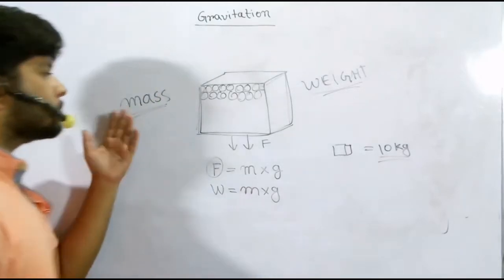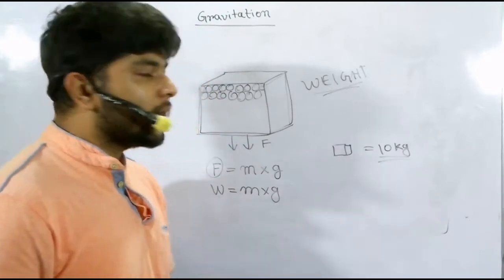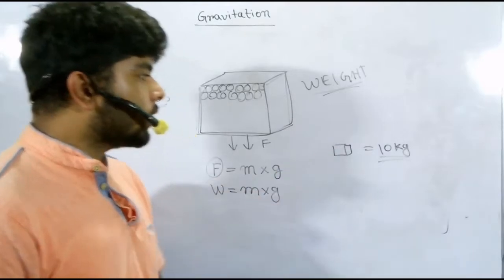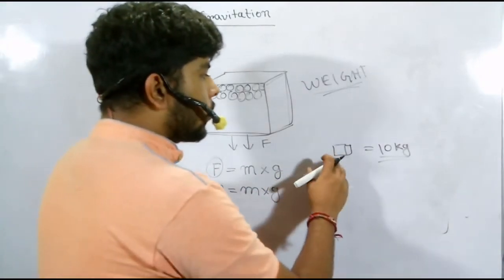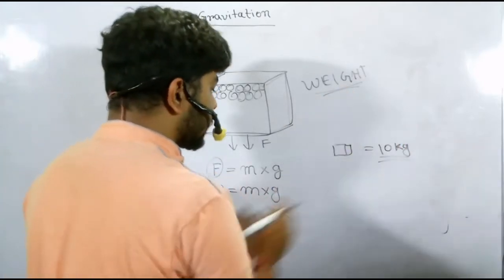Kg is the unit of mass. We use a weight machine to measure the weight only.